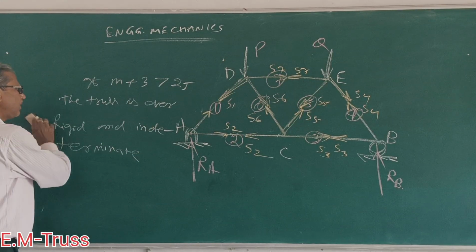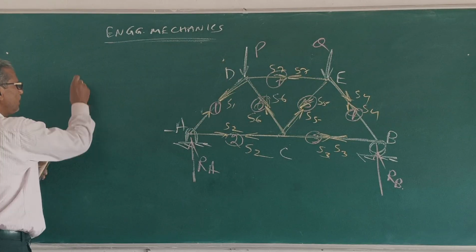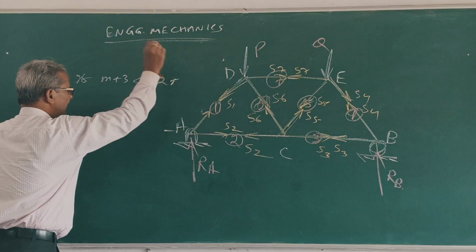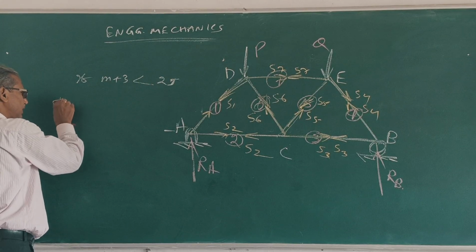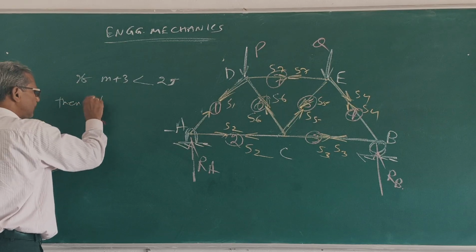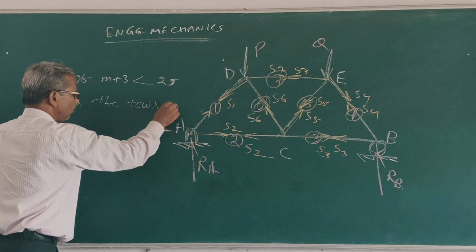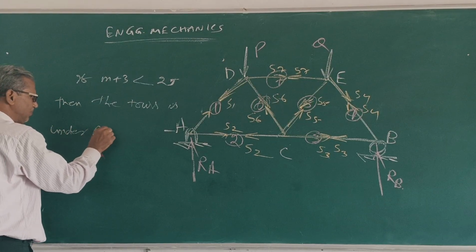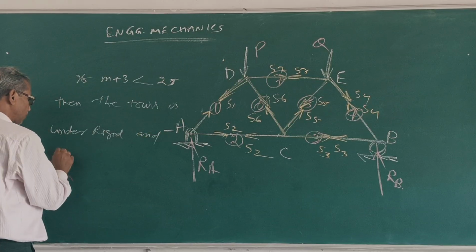If m + 3 is less than 2j, then the truss is under rigid and collapsible.